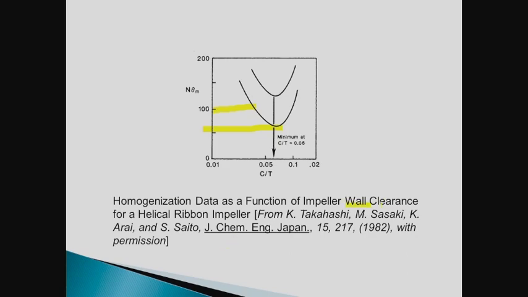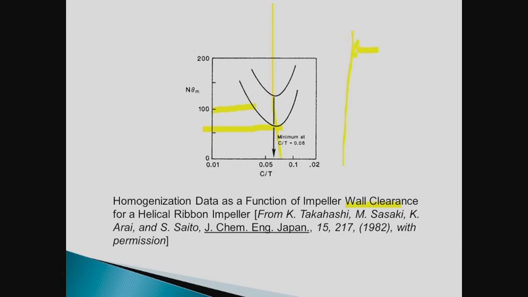Okay. Wall clearance: here you have the wall, and the ribbon comes up against the wall, and the clearance is the distance between the wall and the ribbon, which is a substantially high shear zone. And the impeller has two shear zones around here.